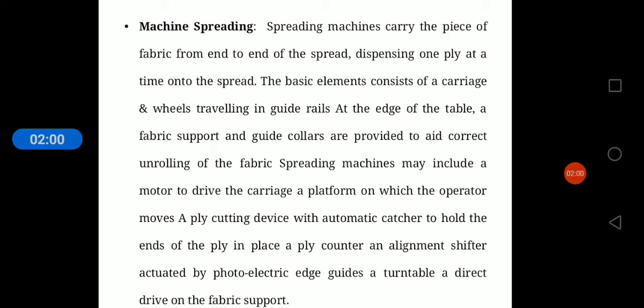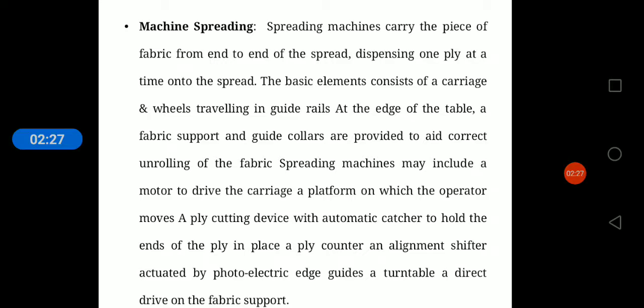Spreading machines may include a motor to drive the carriage, a platform on which the operator moves, a ply cutting device with automatic catcher to hold the ends of the ply in place, a ply counter, an alignment shifter actuated by photoelectric edge guides, and a turntable direct drive on the fabric support.